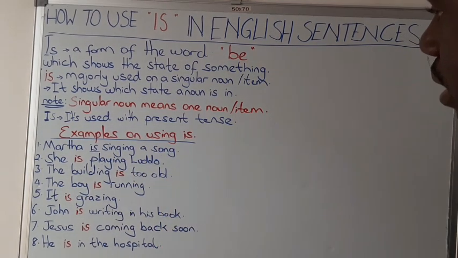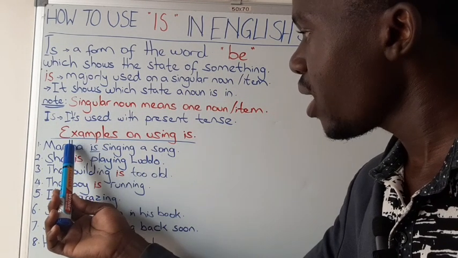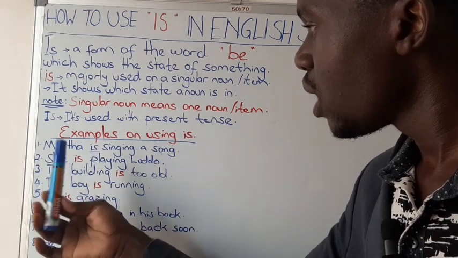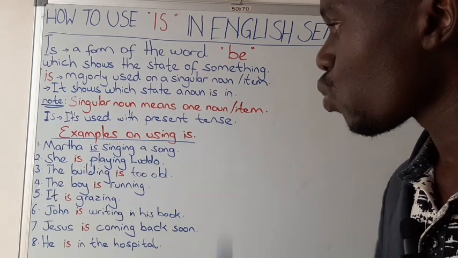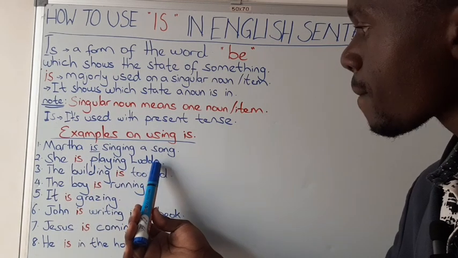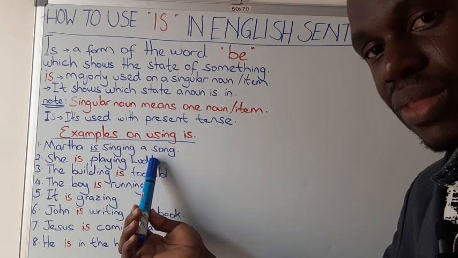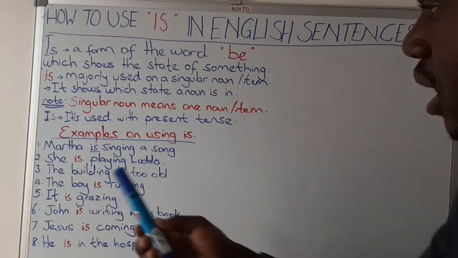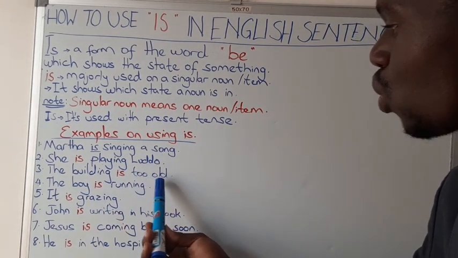Hope we are together. Okay, "she is". Instead of using Martha, you can use the pronoun she. When you use she, you say "she is", because you're talking about one noun. She is playing Ludo. What is she doing? She is playing Ludo. Another one, we say the building is too old.